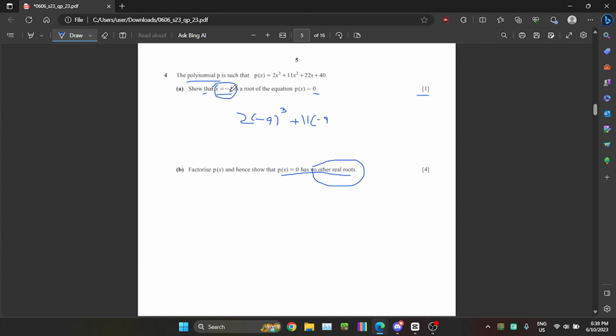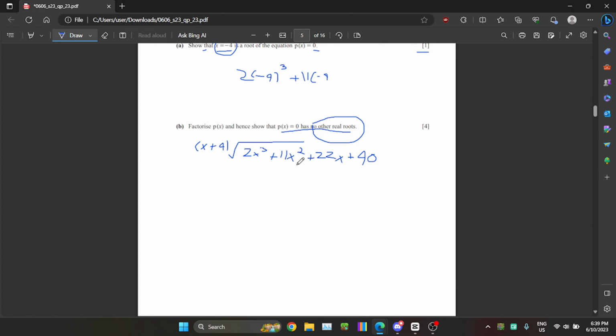So when x is -4, it actually means x plus 4. So it's saying that this is the only root that can divide 2x3 plus 11x2 plus 22x plus 40. It's saying that this is it.